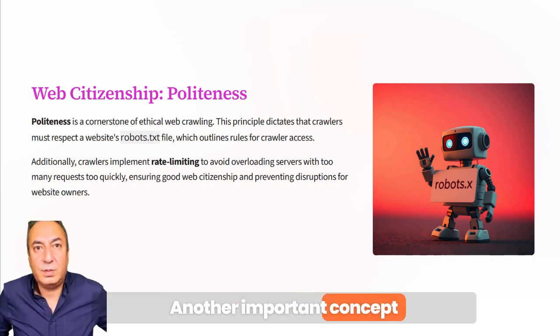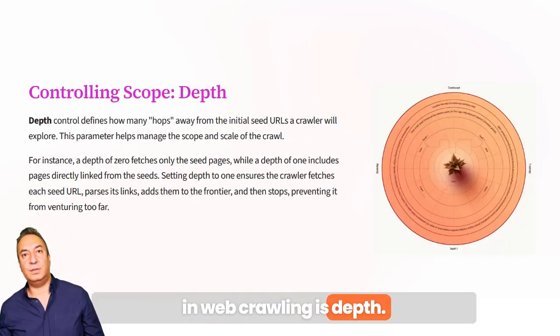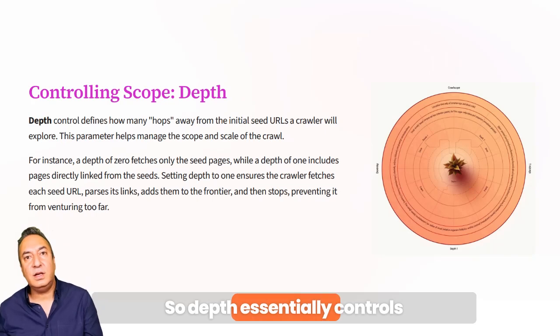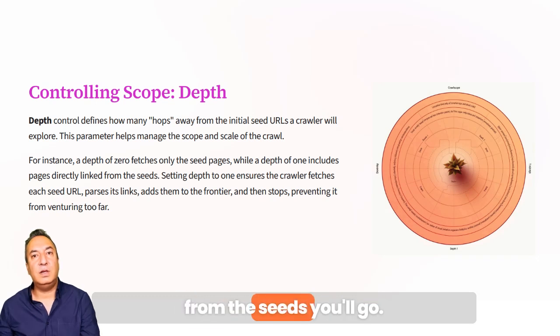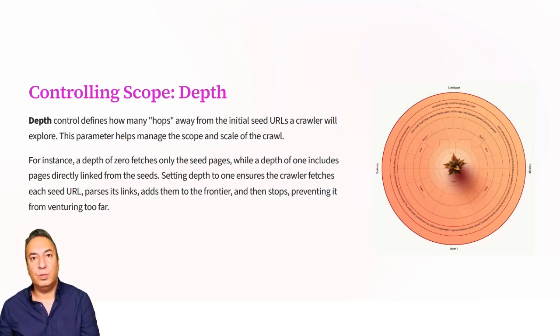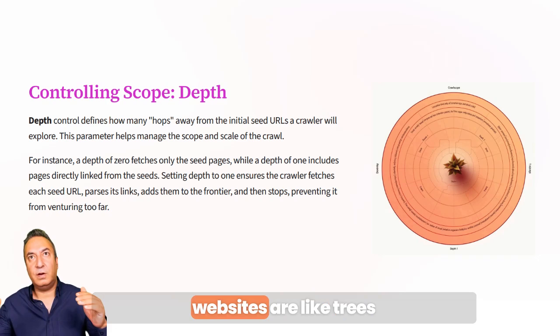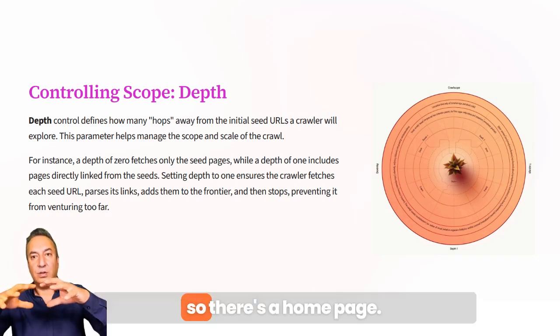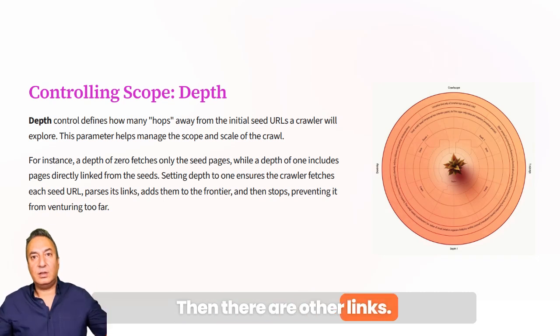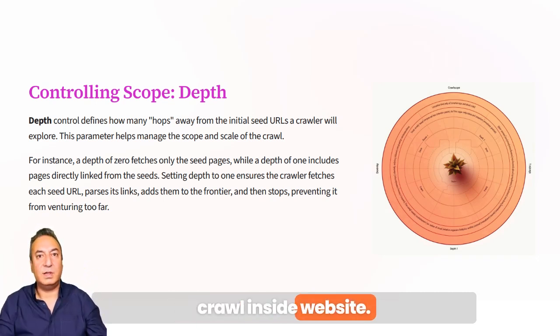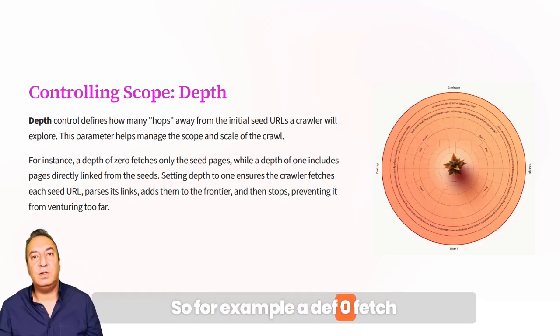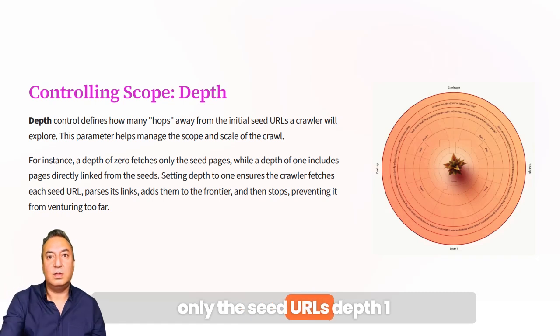Another important concept in web crawling is depth. Depth essentially controls how many hops away from the seeds you'll go. If you think of websites as trees, there's a home page, then there are other links. So there are multiple hops where you can crawl inside a website. So for example, depth 0 fetches only the seed URLs.